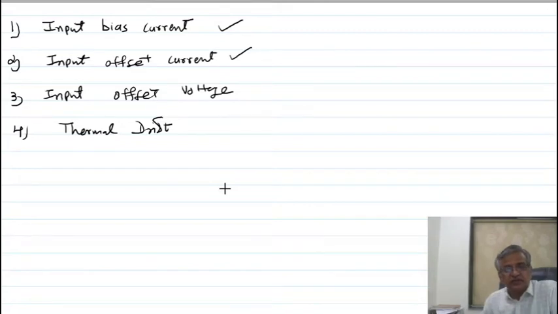Listen again. Generally we are discussing the ideal operational amplifier, and you know that an ideal operational amplifier responds equally to both AC and DC voltages. But in practice it does not behave like this.